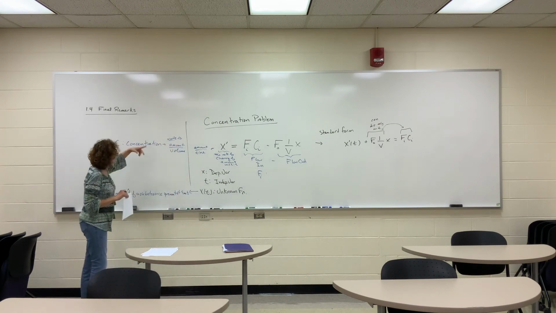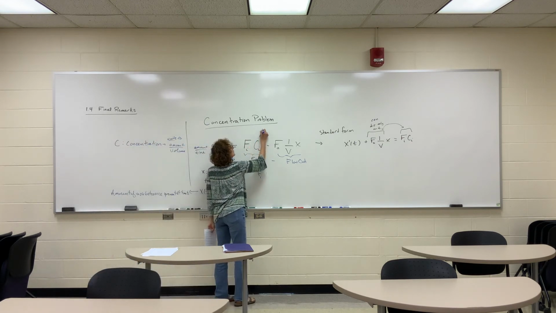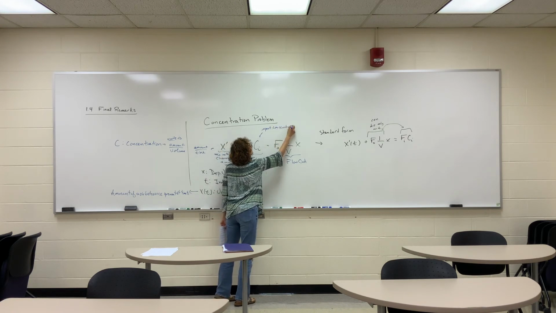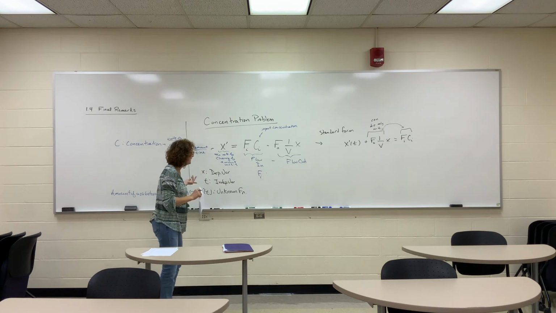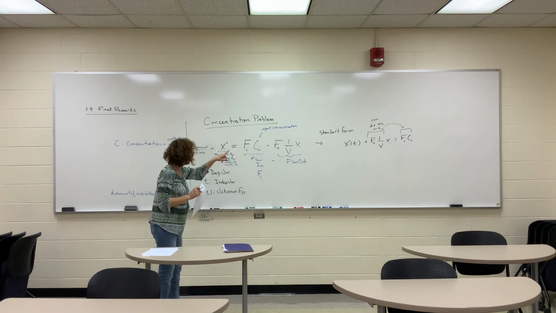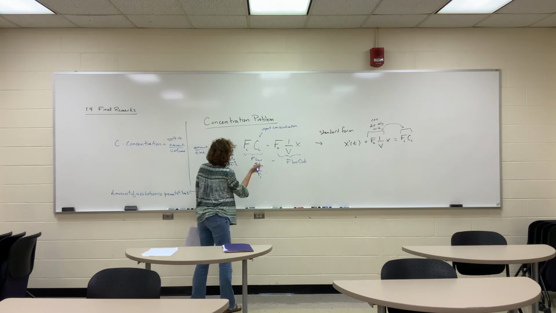Concentrations have units of amount per volume, right? So Ci is an input concentration. For our concentration problem, right? And Fi is a flow rate in, right, for how fast things are coming in, right? And so that, what would that have to have units of, right?